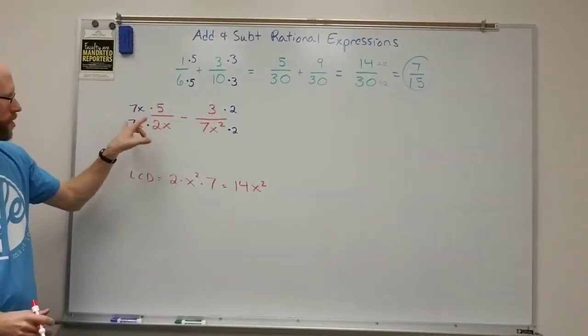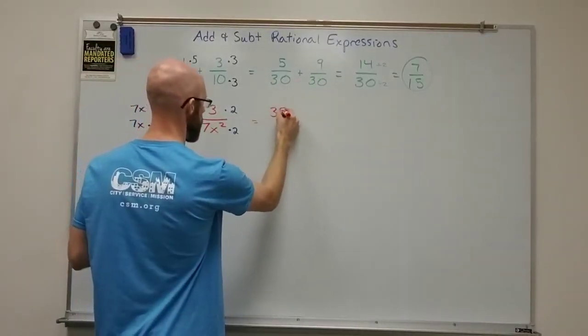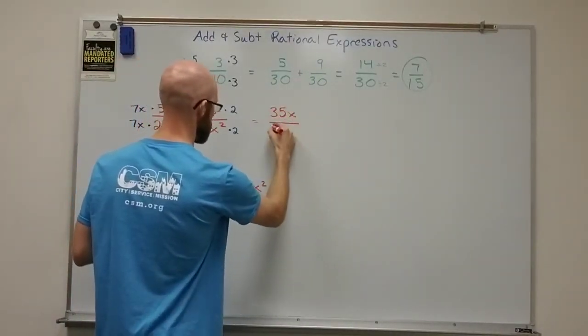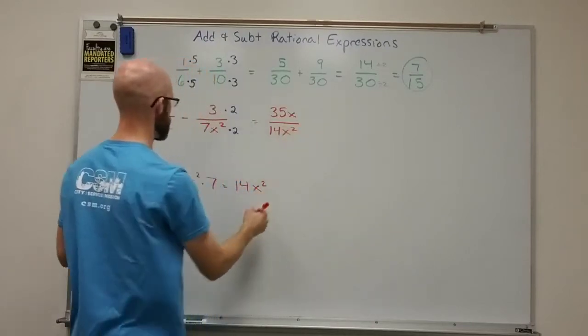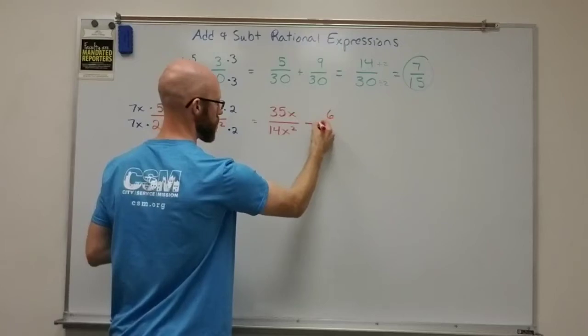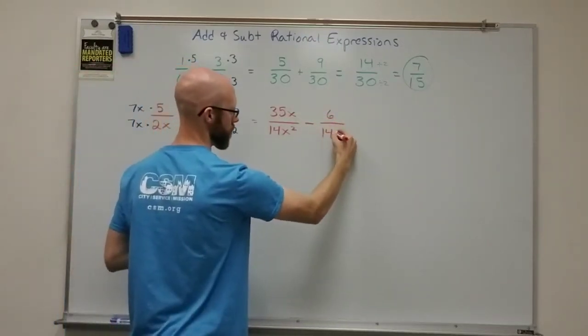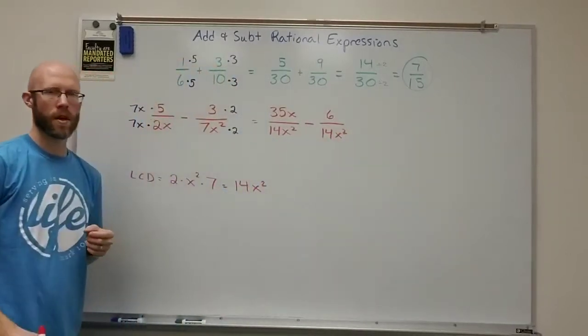Now when I actually combine these, 7x times 5 is 35x. On the bottom we get 14x squared. And then we have our subtraction, and we get a 6 over 14x squared again. Okay.